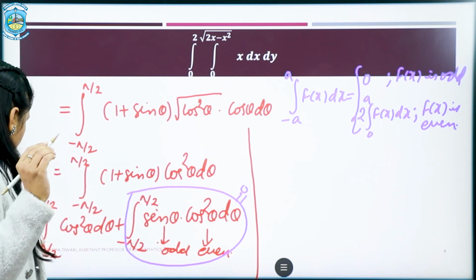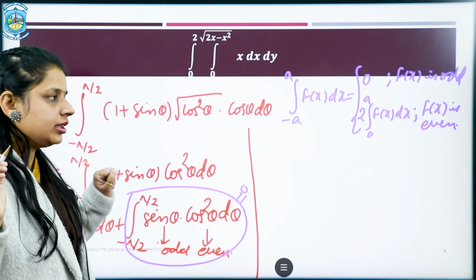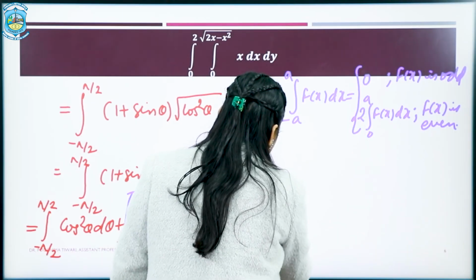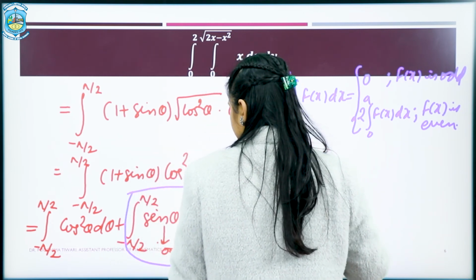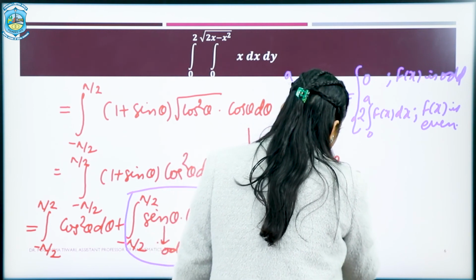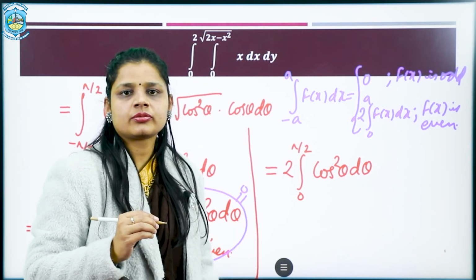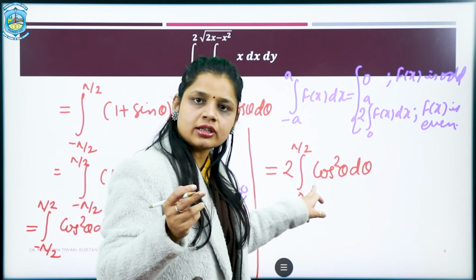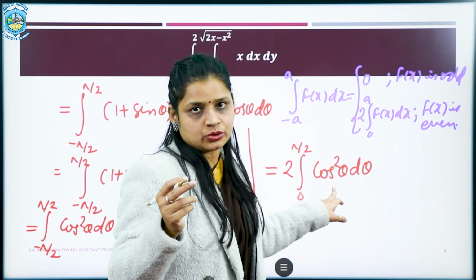And now, value of this integral will be twice of 0 to pi by 2 cos square theta d theta by using same formula. Now, you may solve this integral either by using reduction formula or by using the formula for cos 2 theta.